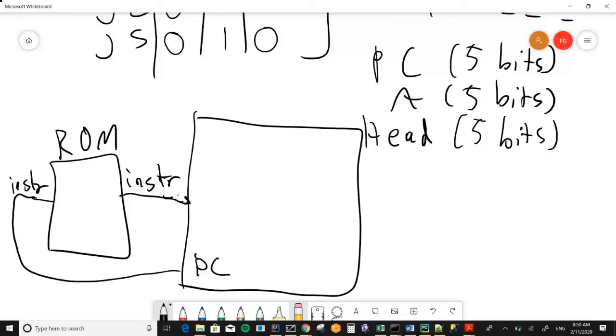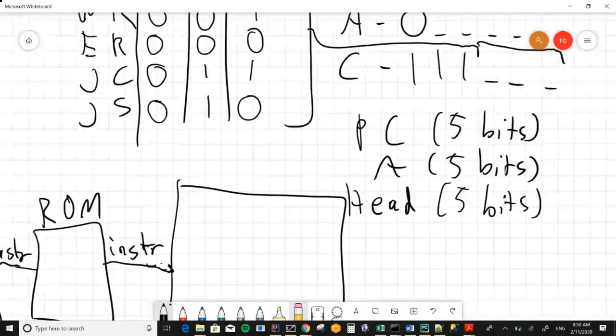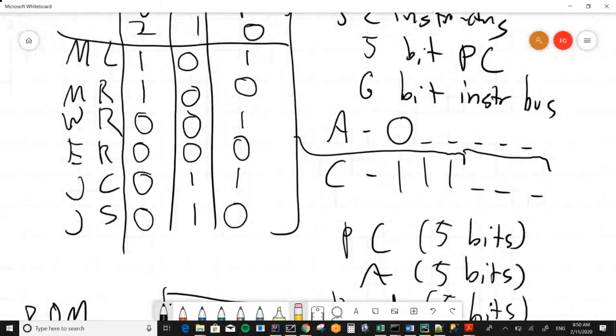Okay, so an instruction comes in to the CPU. So let's think about what gets affected by it. So looking back at the table of instructions, what really distinguishes an instruction is very simple. What changes as a result of this instruction?